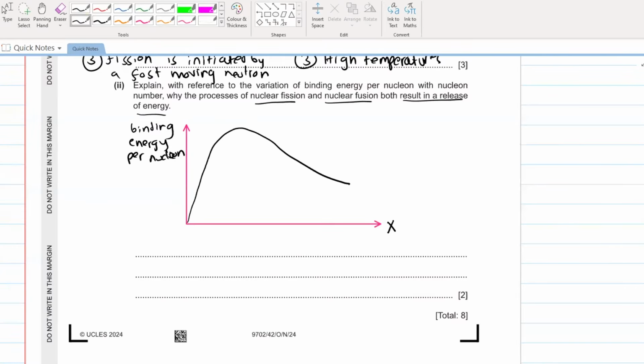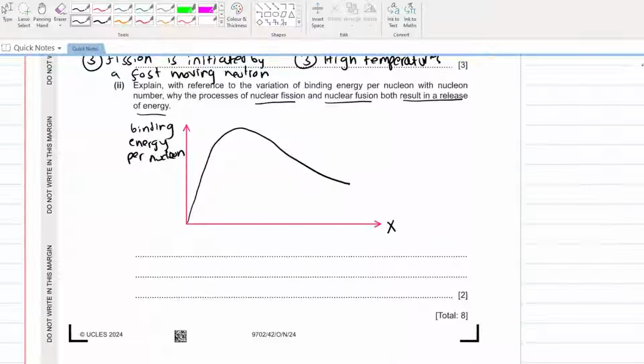What did I tell you? Every nucleus in this world is trying to reach the highest binding energy, because the highest binding energy per nucleon is the most stable.